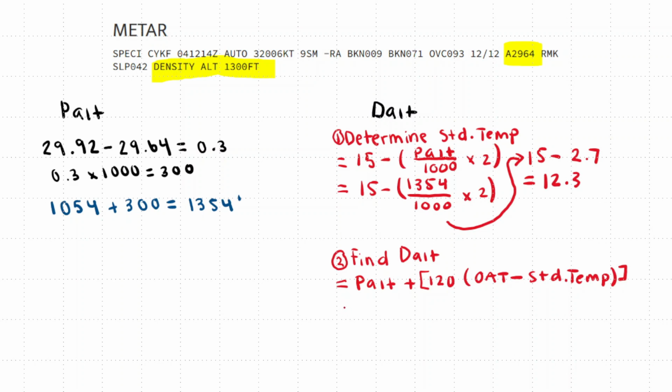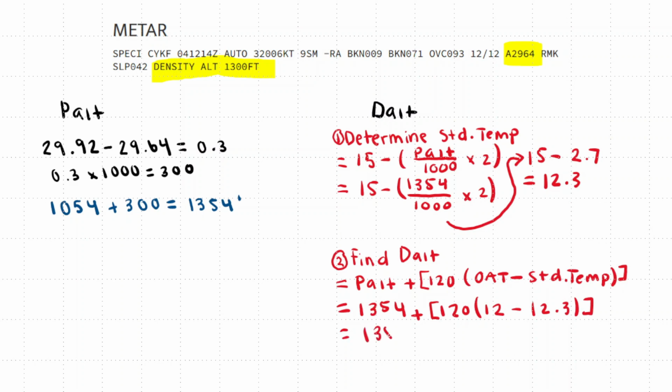Now, finding our density altitude. Okay, we have our pressure altitude, so that's going to be 1354, and now we just need to put our numbers into the formula. So our outside air temperature, we have it right over here, right? It says 12 degrees. So we're going to say 12. And then we calculated our standard temperature to be 12.3. So that's what we have here.